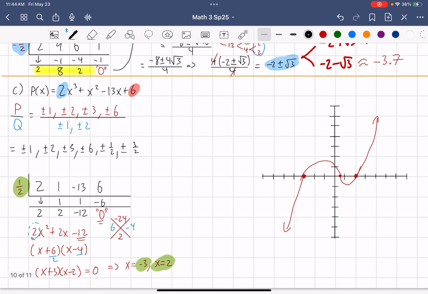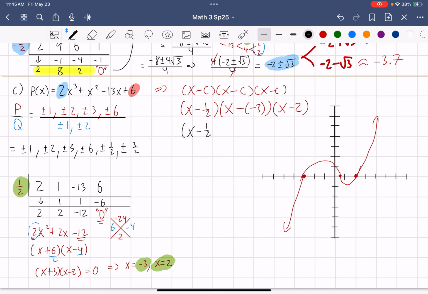And last but not least, this has degree 3, so it needs to have 3 factors. So that's just going to be x minus 1/2, x minus negative 3, then x minus 2, which we can simplify to x minus 1/2, x plus 3, and x minus 2.